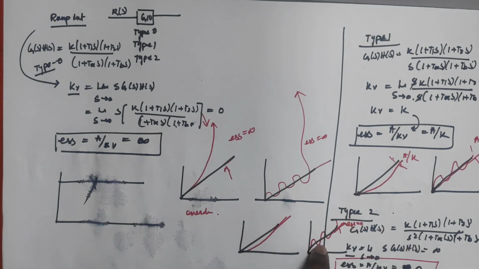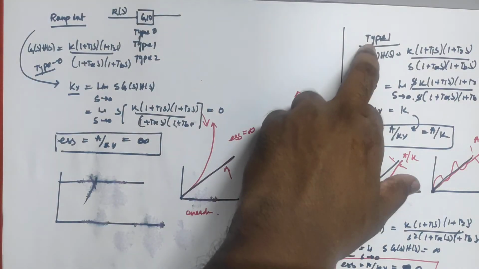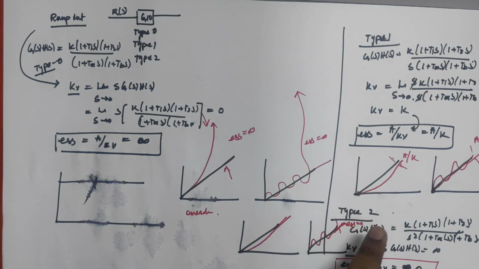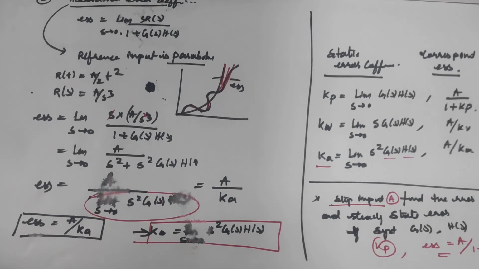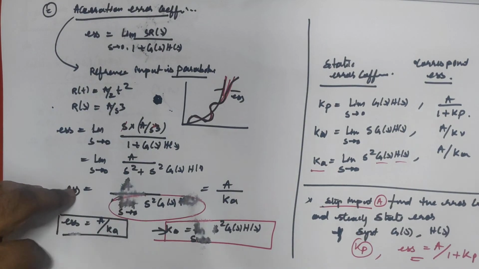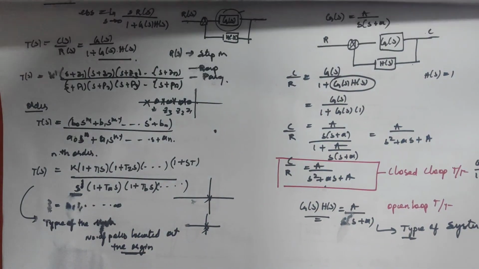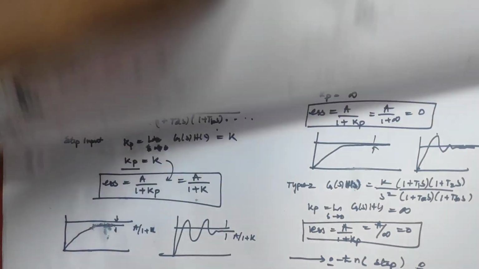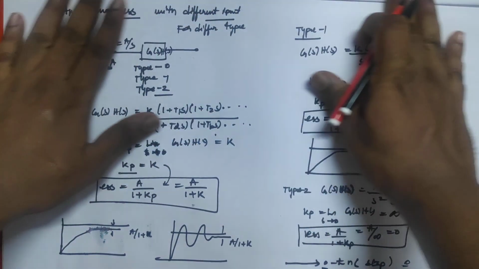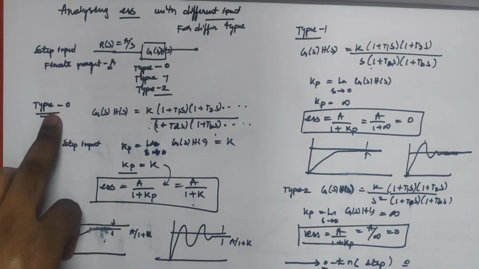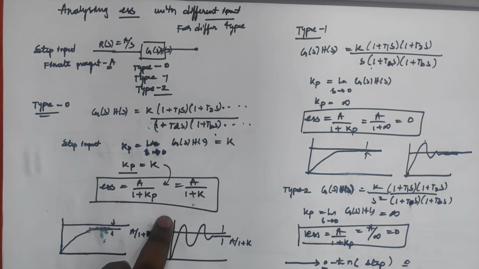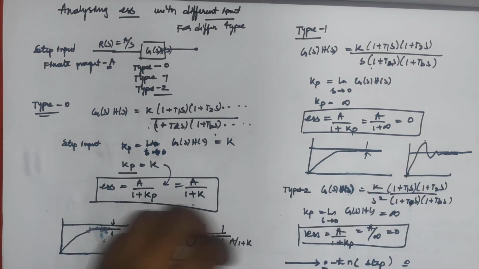So now again the conclusion is, if the type of the system is increasing, for type 0 the error is infinite, for type 1 the error is finite, and for type 2 onwards the error is 0. For the step input, type 0 is a finite value, and after that the error is 0.